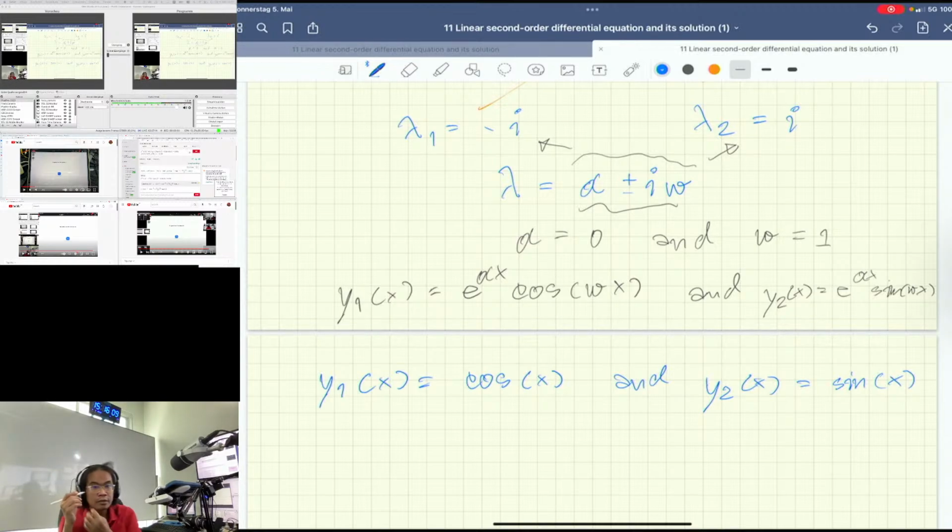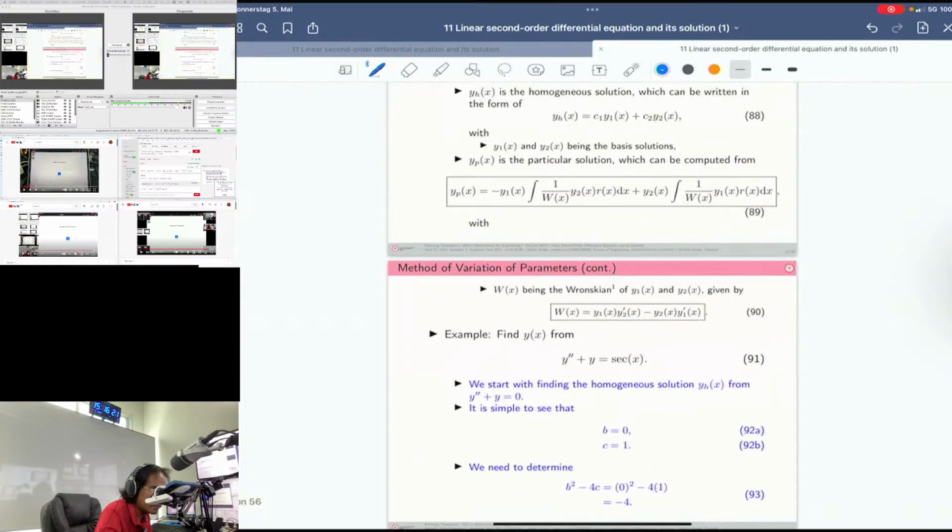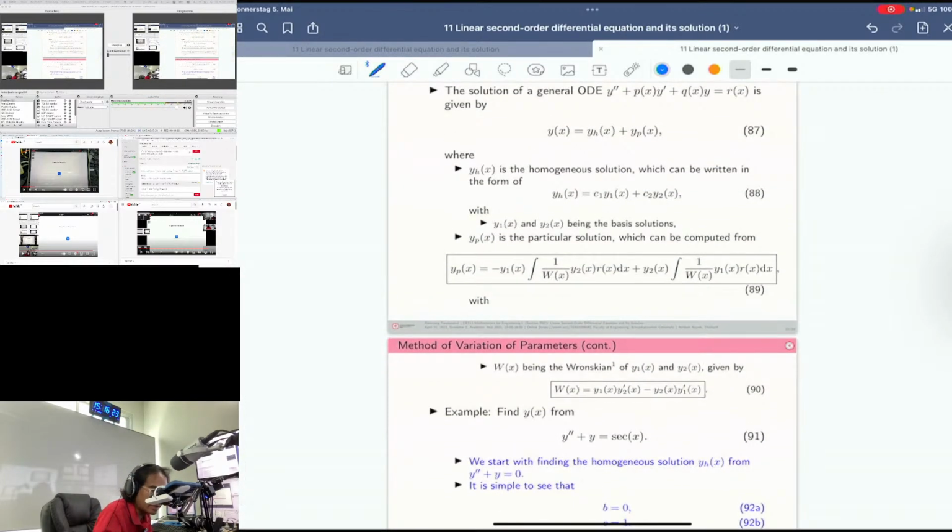Yeah, we get the basic solutions like that, y1 and y2. And let's compute the Wronskian, in equation number 90.